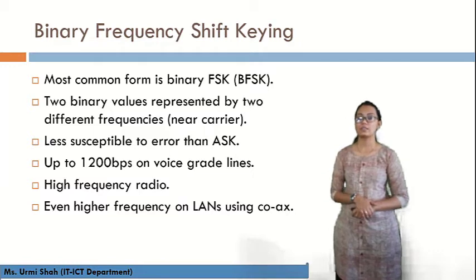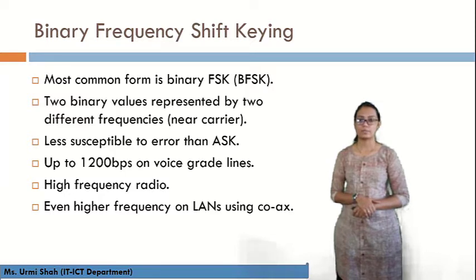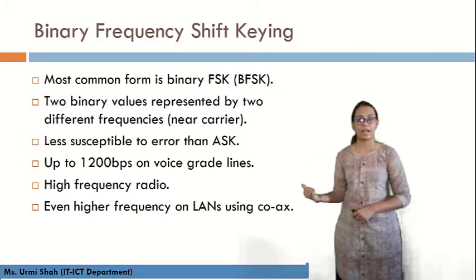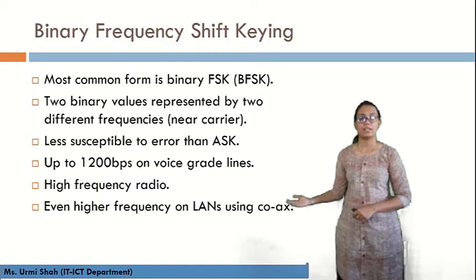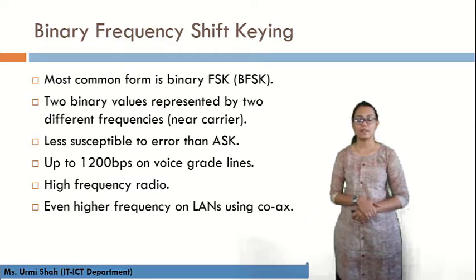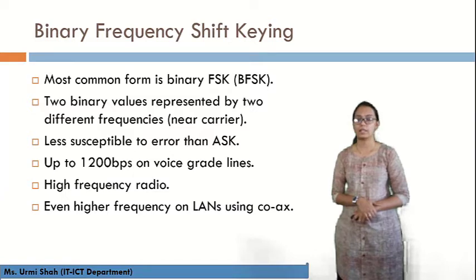FSK is less susceptible to error and has lesser error compared to ASK. Up to 1200 bps, it can survive on voice grade lines, which is almost similar to ASK. The applications in which FSK is widely used are high frequency radio. Even higher frequencies are available using coax cable.